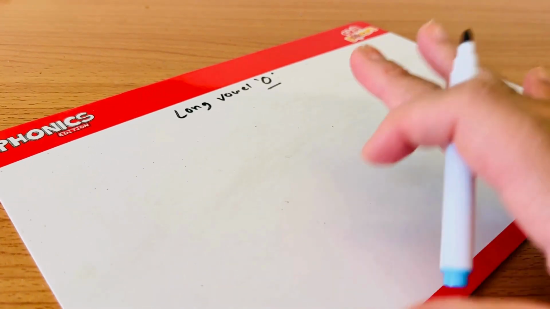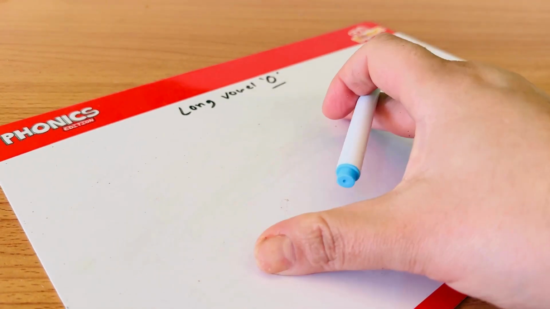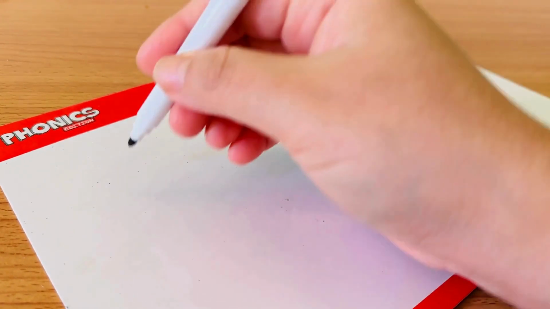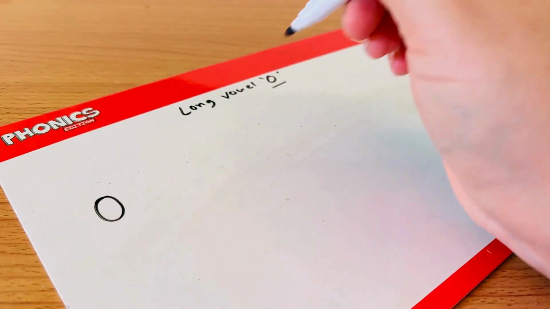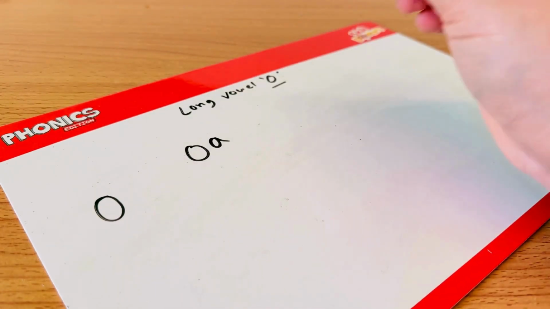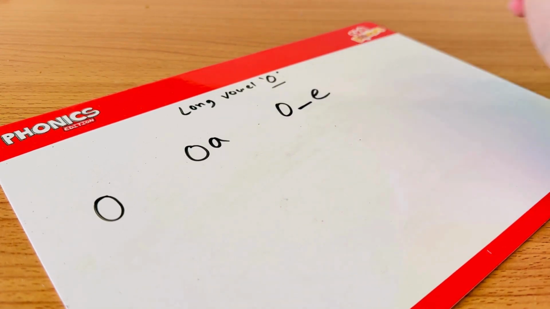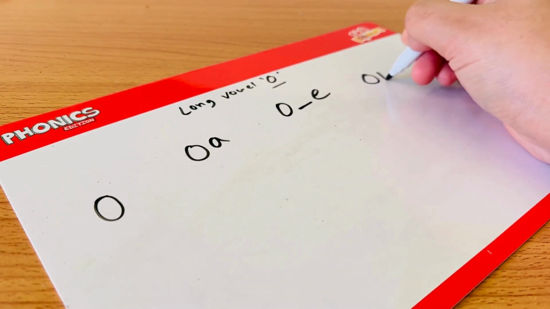Now friends, let's look at the examples of long vowel O. The sound of long vowel O is O. It can be O individually. It can be followed by A, as in OA. It can be O and then ending the word with E. It can be OW.